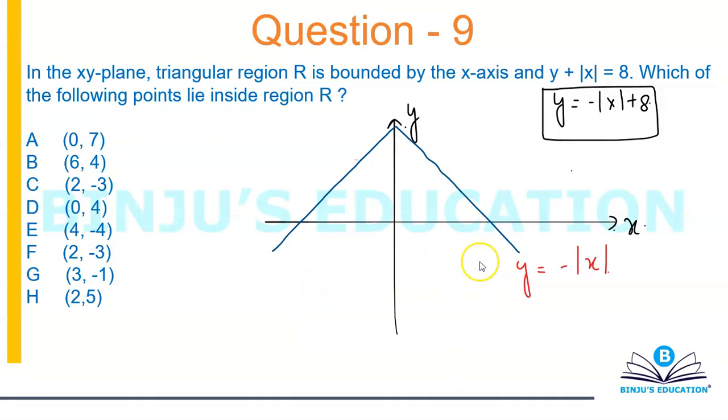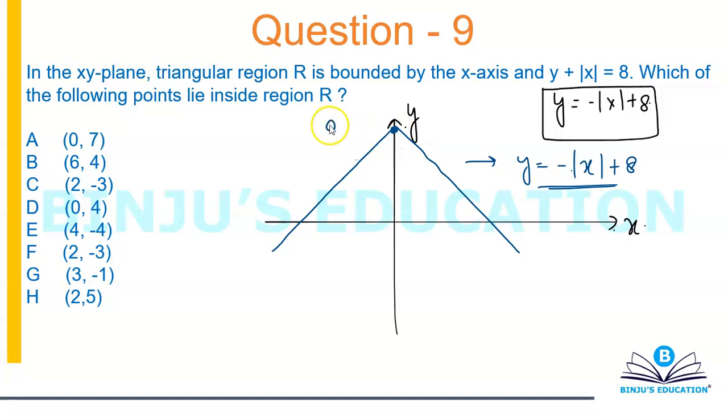So this here, the blue one, is the final graph of y is equal to minus of mod x plus 8. This point here is 0, 8. This point here is negative 8, 0.